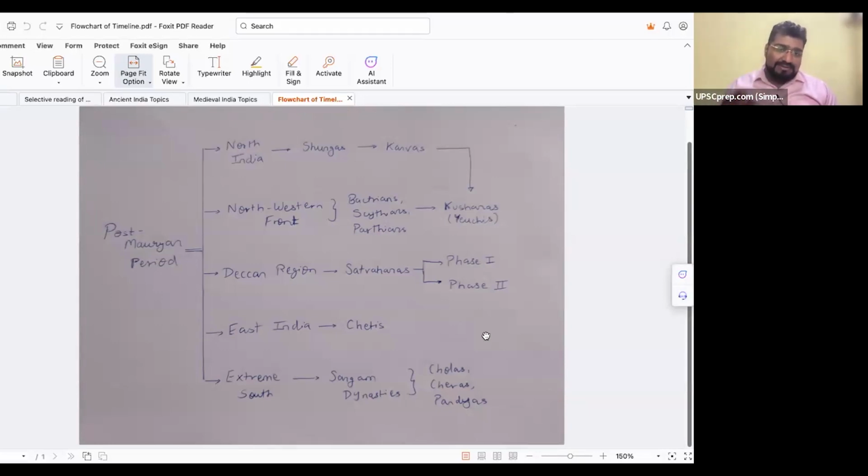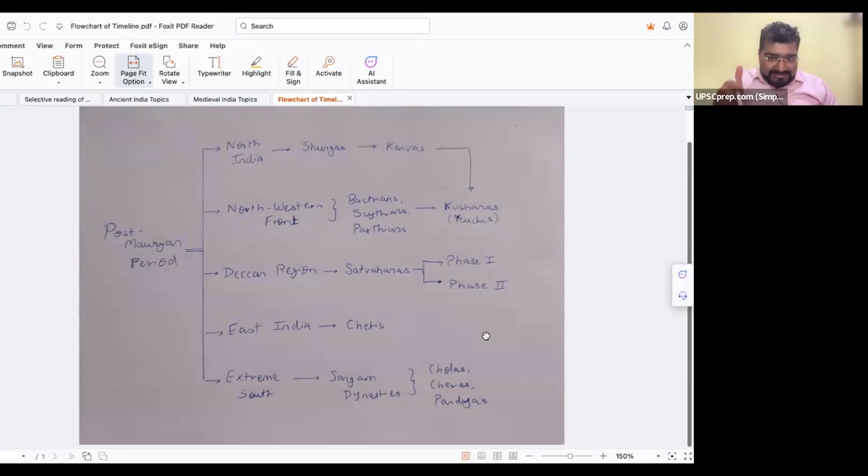So why am I telling you these things? Dekho, in lectures I usually discuss everything. When you read the basic sources, you also get to know all these things. But I want you people to make such kind of timeline charts, such kind of flow charts of the timeline, because it helps you understand the chronology of the dynasties and the kings.